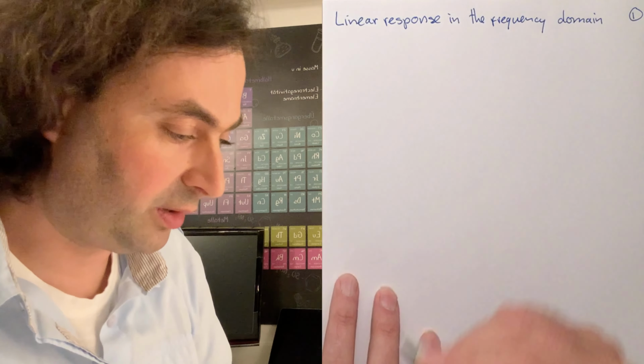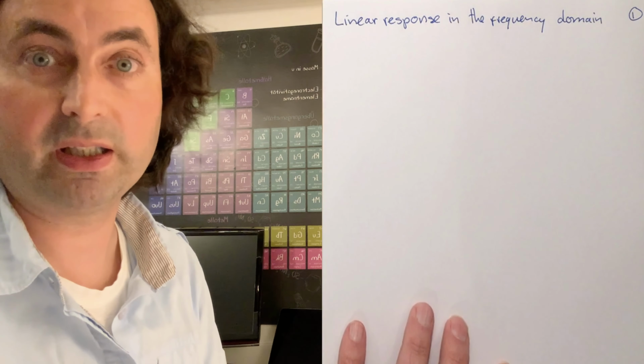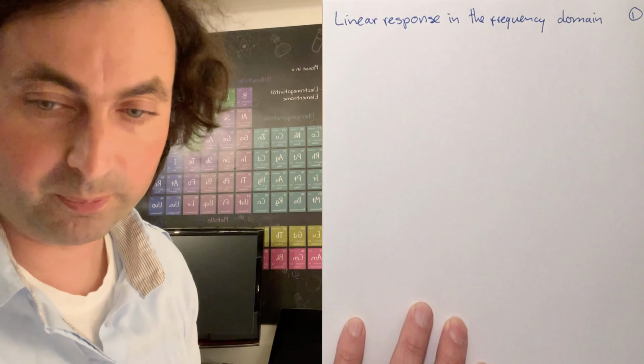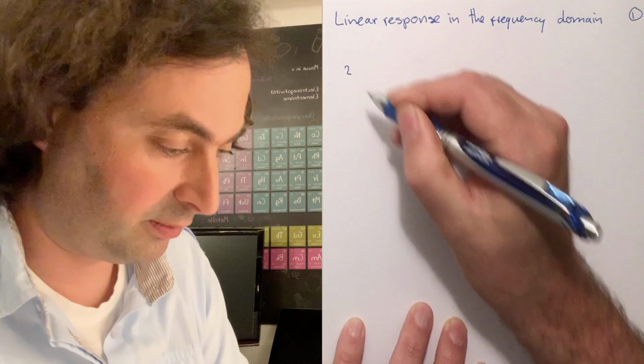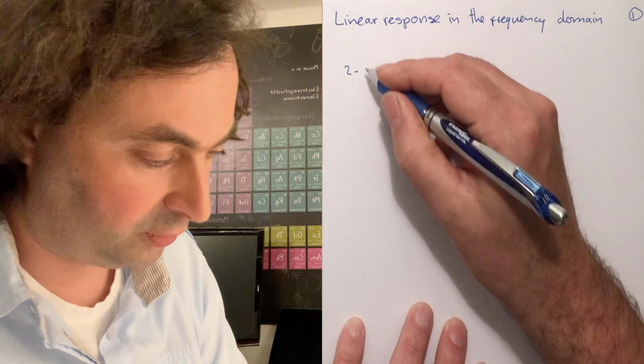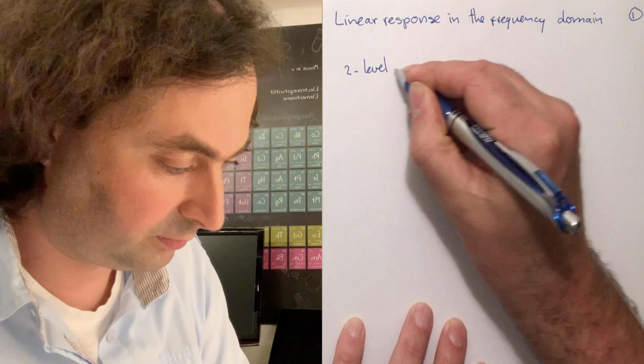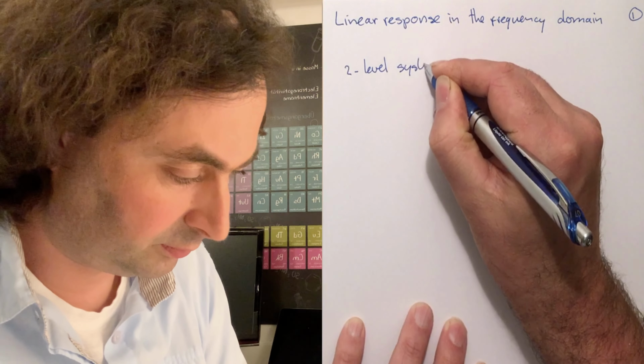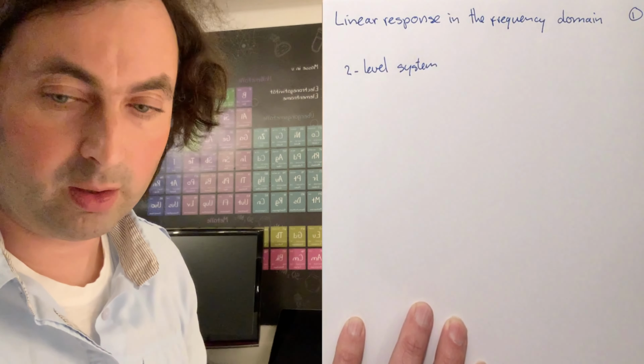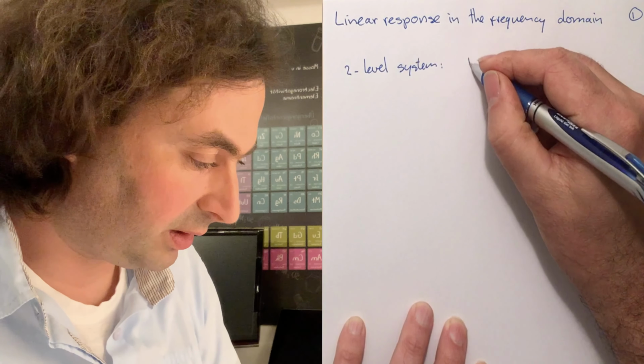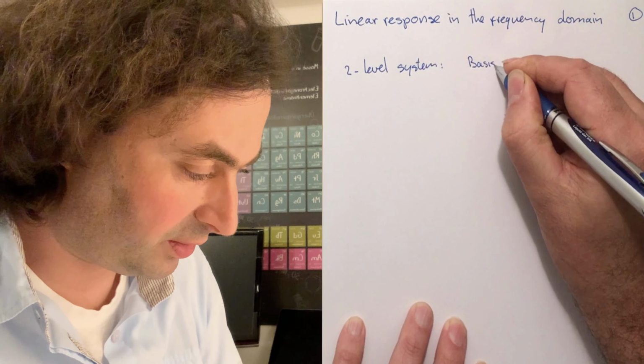In our previous videos we have shown the linear response of a hydrogen atom, and there we looked at a two-level system. For a two-level system we can define a basis of phi 0 and phi 1.